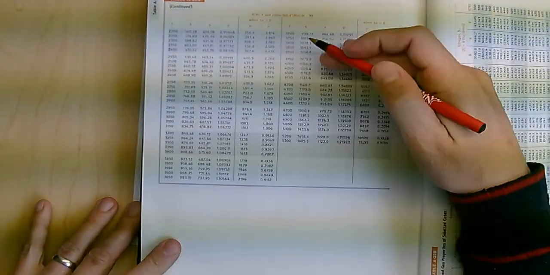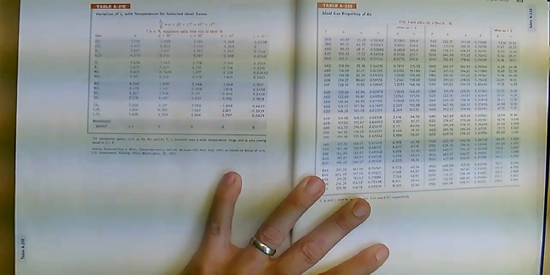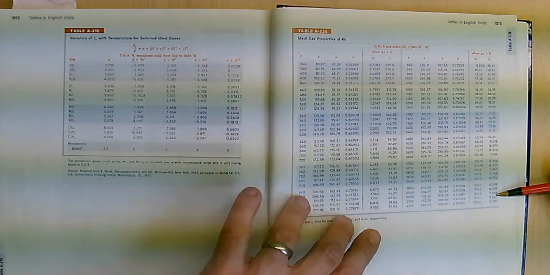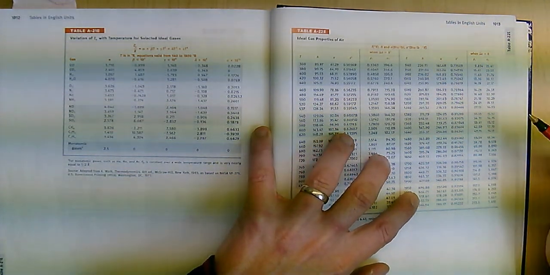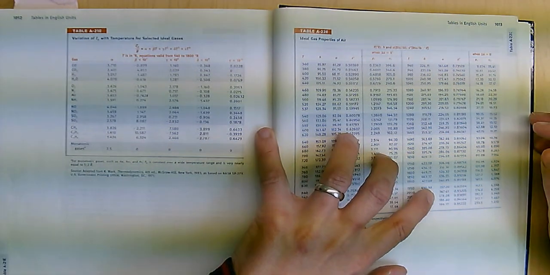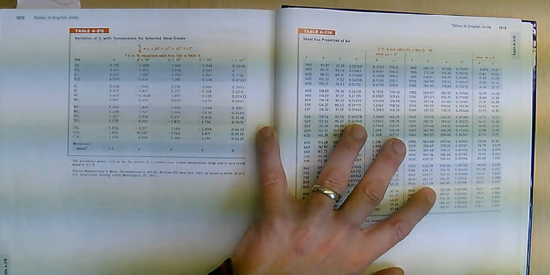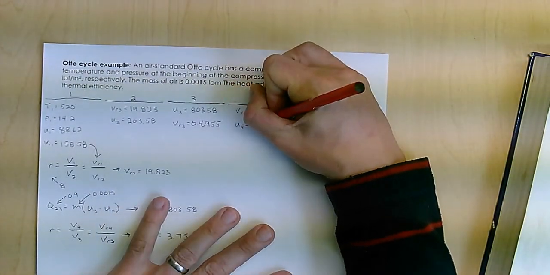So I go down my VR till I get 3.7564, which is right in here between 2050 and 2100. That makes my U value, nope, that's my H. My U value is 385.26 when I do my interpolation.